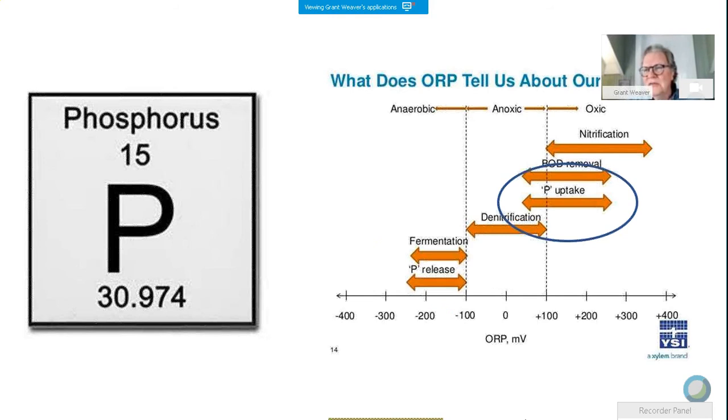Then those energized bacteria need to move into a totally different environment, very strong in dissolved oxygen, pretty similar to the ammonia-removing bacteria. So if you have an aerobic environment that is removing ammonia, you've got enough dissolved oxygen, you've got enough ORP, you've got an aerobic enough environment to remove phosphorus.